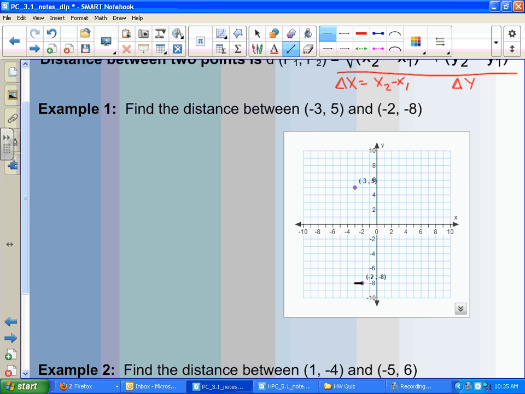And in terms of the difference in my y's, I have from here to there. And those two would then be connected with a line that creates this distance that we're looking for. This length between those two points creates the hypotenuse of this triangle.